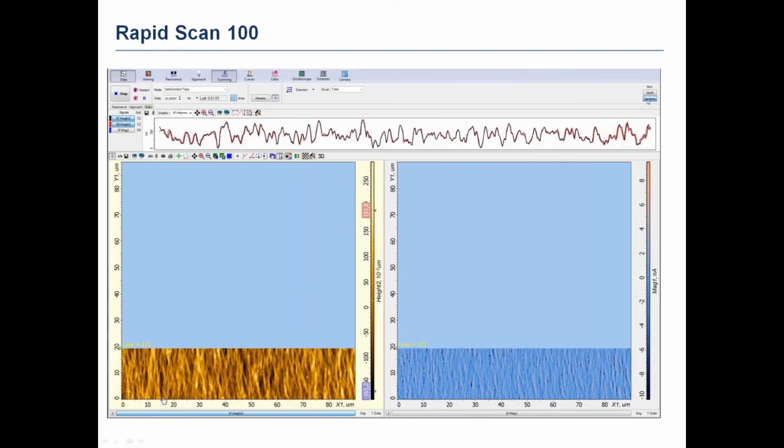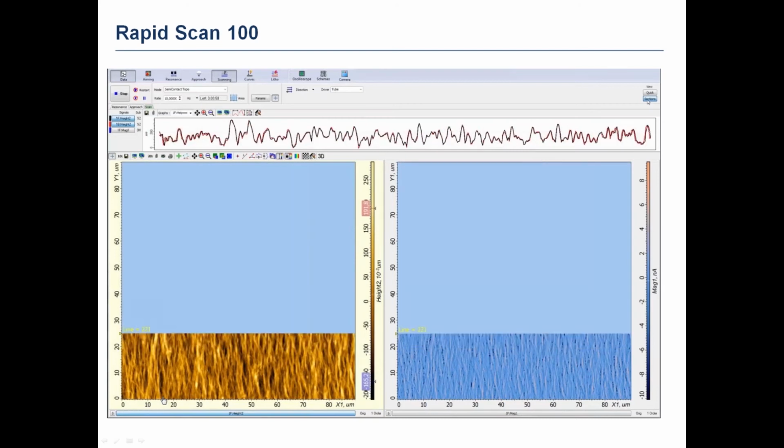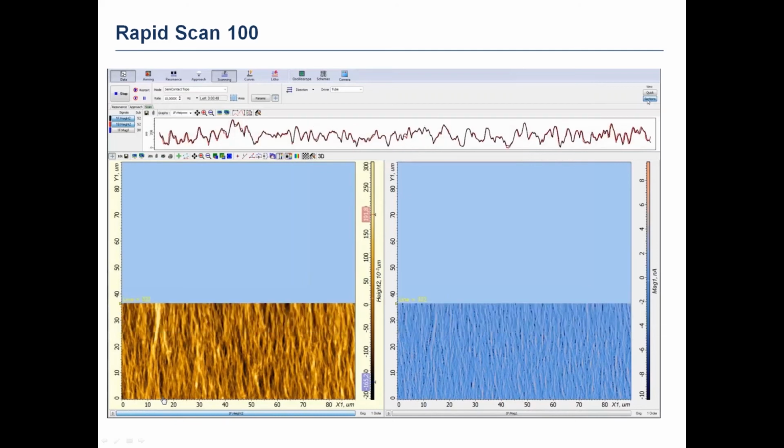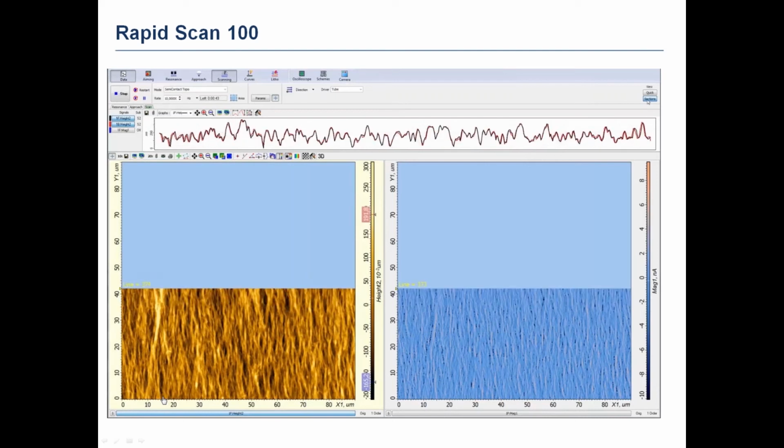And there are, by the way, 1000 points in each line, because usually when demonstrating fast scanning in some AFMs, the manufacturers decrease the amount of points in lines in X direction and the amount of lines in Y direction.